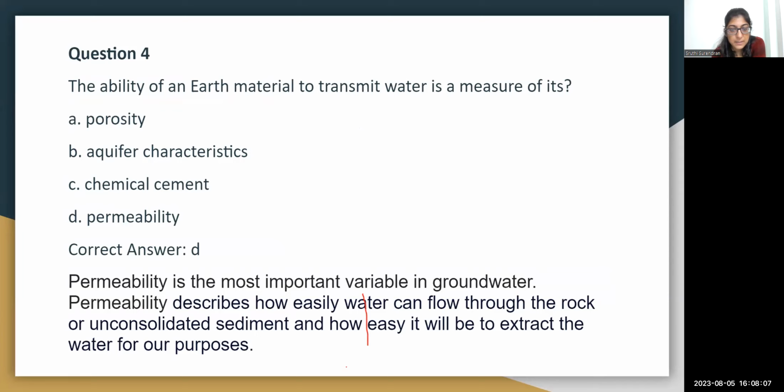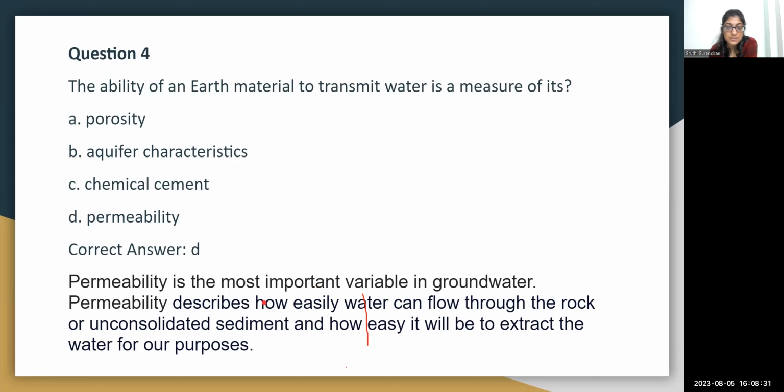Permeability is the most important parameter in groundwater. It is based on the ability of the material to transfer water that we decide what kind of formation it is, whether aquifer, aquifuge, aquifluid, or aquitard. So permeability is the most important variable, and it is the ability to transfer water.